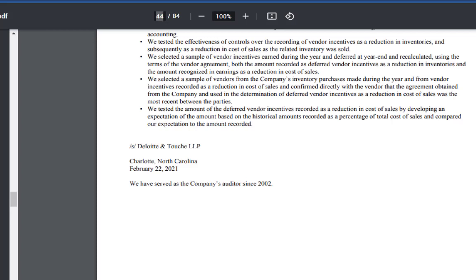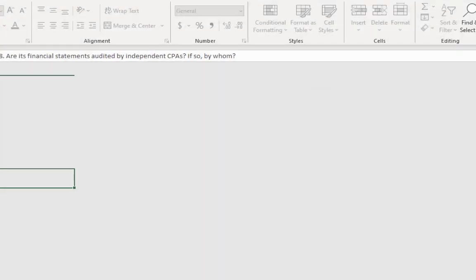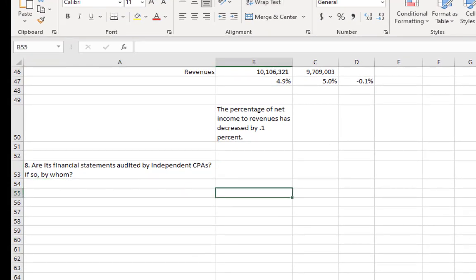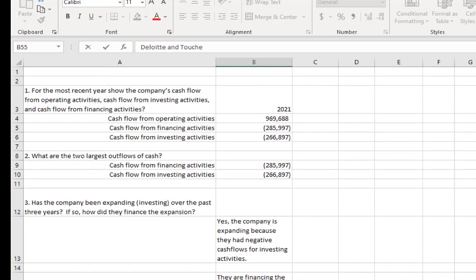Okay. So I'm going to go back to my spreadsheet. And on here, I'm going to say Deloitte and Touche. That's the name of the firm. And then I need to have what? Reference. Now, why have I not needed a reference before?